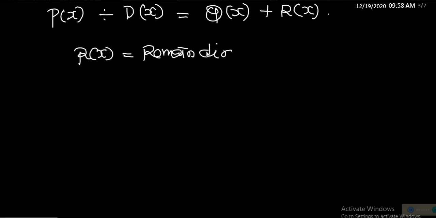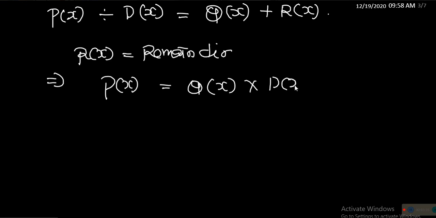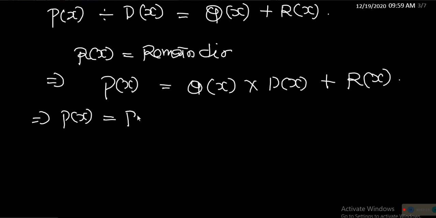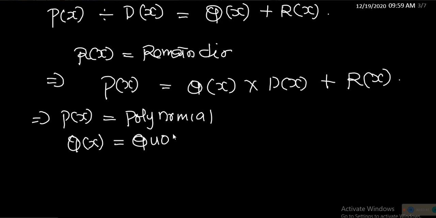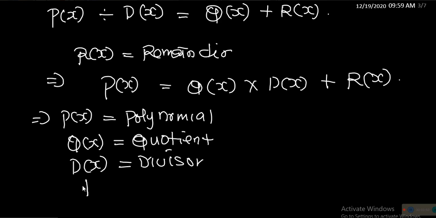Or you can also write it this way: p of x equals q of x multiplied by d of x plus r of x, where p of x is the polynomial, q of x is the quotient, d of x is the divisor, and r of x is the remainder.